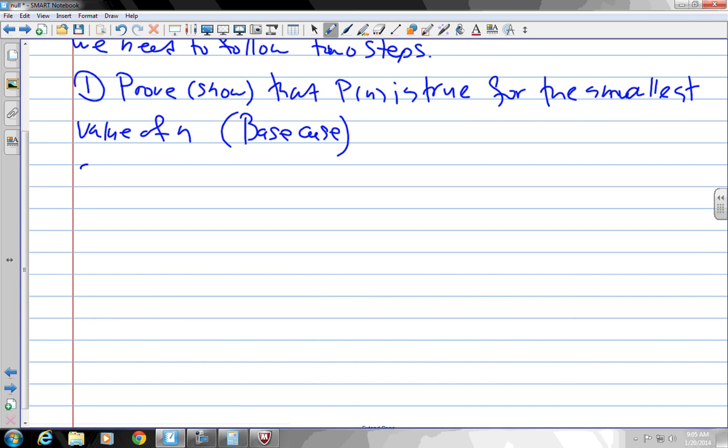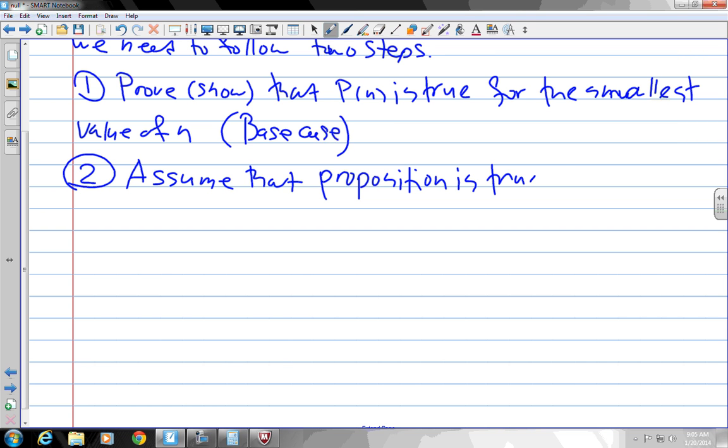And the second step, and that's where the money is, and that's the hard step, we're going to assume that the proposition is true for some k, meaning P of k is true.